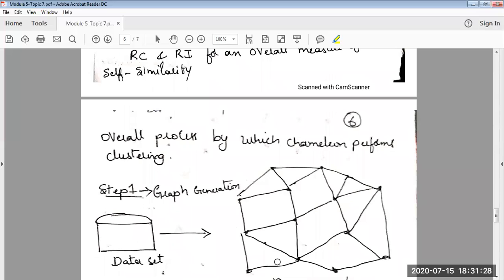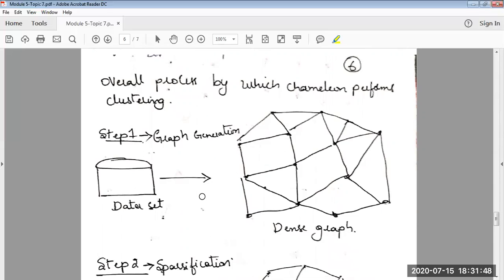Now we understood how exactly Chameleon algorithm is creating larger clusters from smaller clusters using the agglomerative clustering technique with relative closeness and relative interconnectivity, that is RC and RI. The overall process we will summarize.